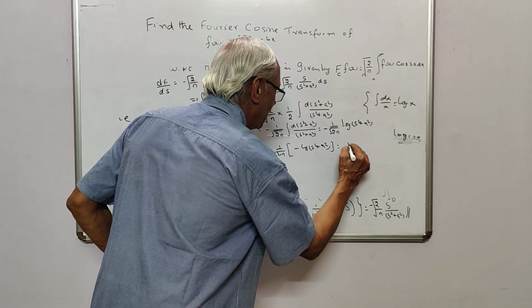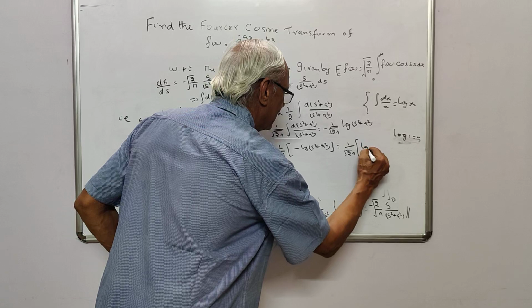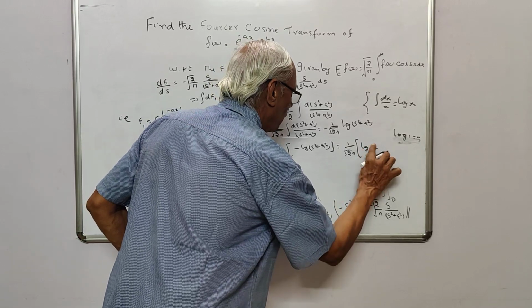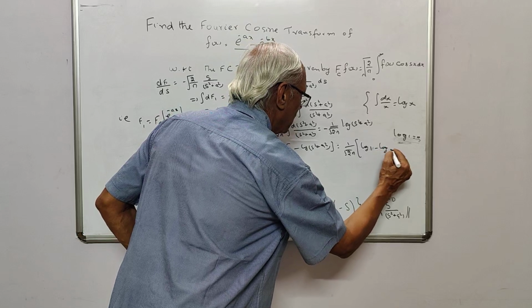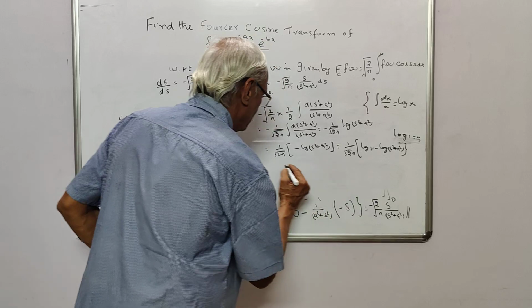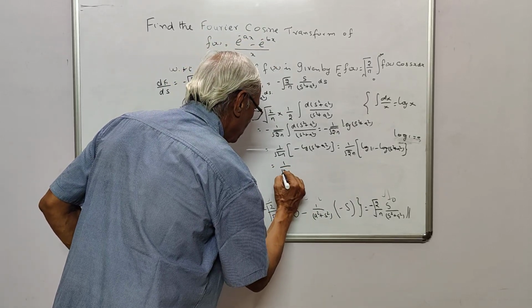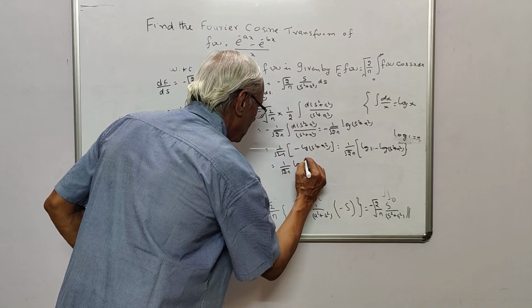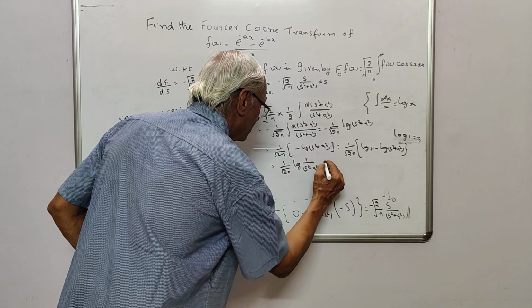So this can be written as 1 by 2 pi. Now I will write this as log 1 minus log of s squared plus a squared. So this is equal to 1 by 2 pi into log of s squared plus a squared.